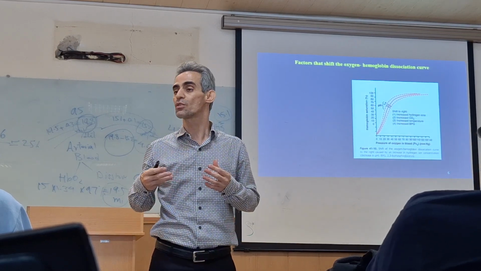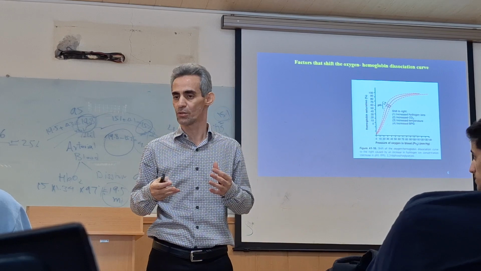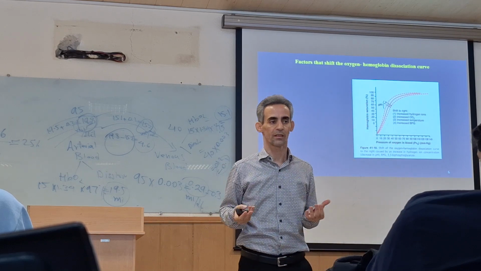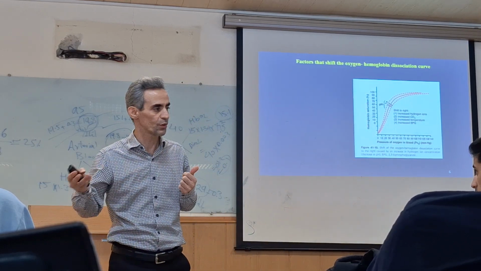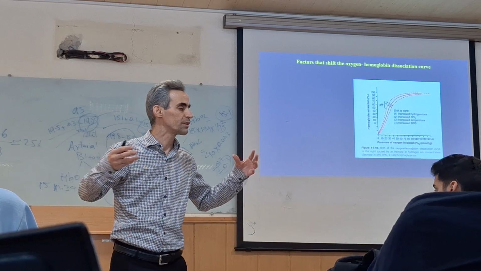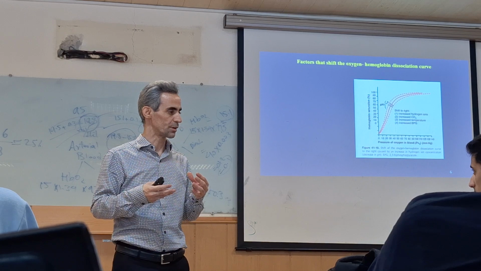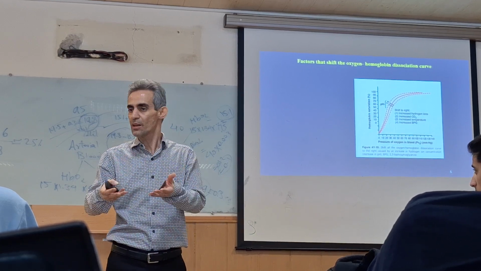We have high production of hydrogen ion. The temperature of the body during exercise increases. The production of the metabolite bisphosphoglycerate increases. All of these lead to right shift of the hemoglobin, and by this, more oxygen is delivered to the tissue for usage.